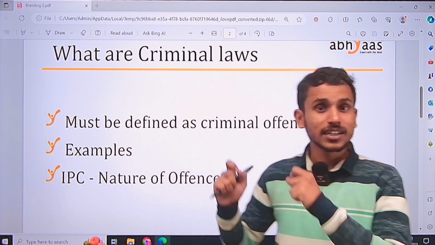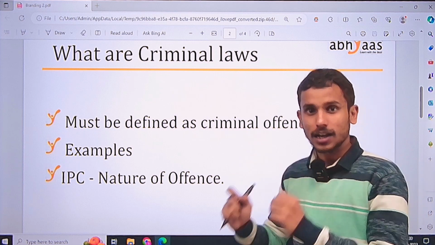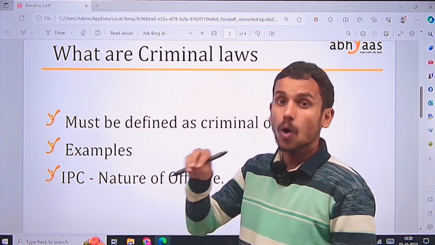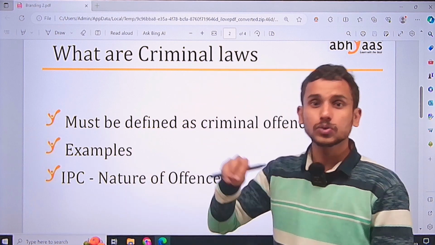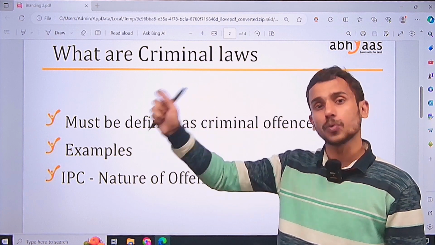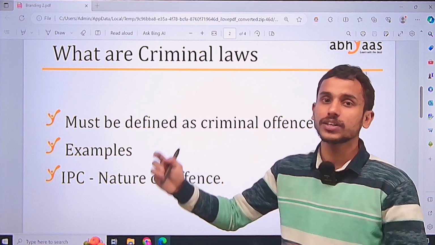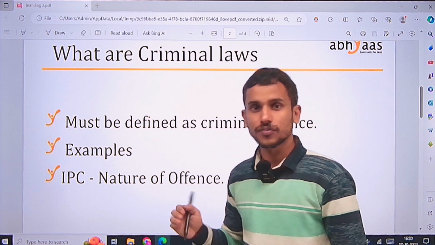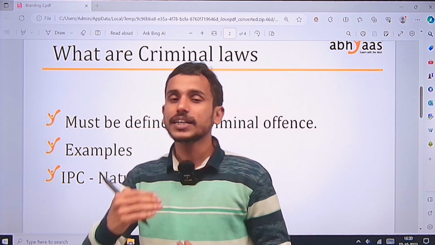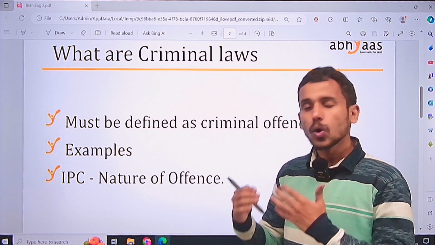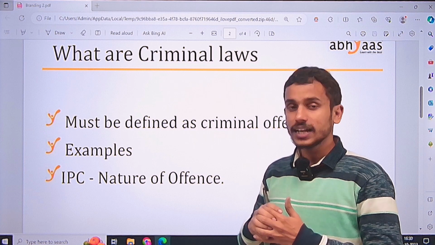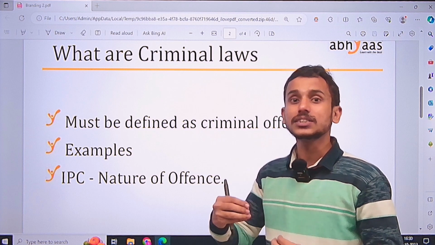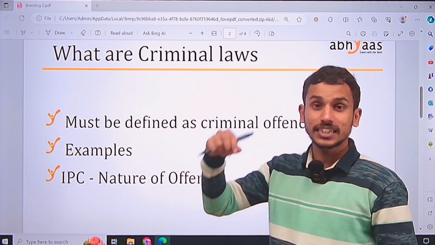That means the Parliament or the state legislative assembly has to call something specifically, through an act or an ordinance, a wrongful conduct which is going to be treated as a criminal offence. Only then it can be called a criminal offence. If you have read Article 20, ex post facto law, that also talks about this: you cannot be punished under a law which wasn't in force at the time when the act was committed.